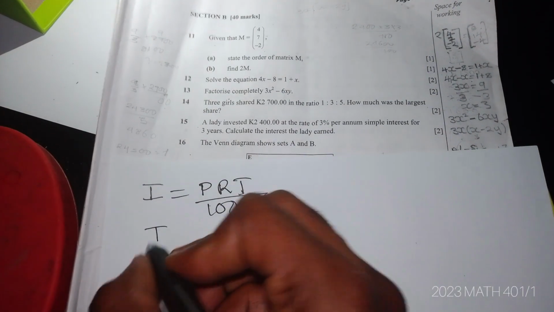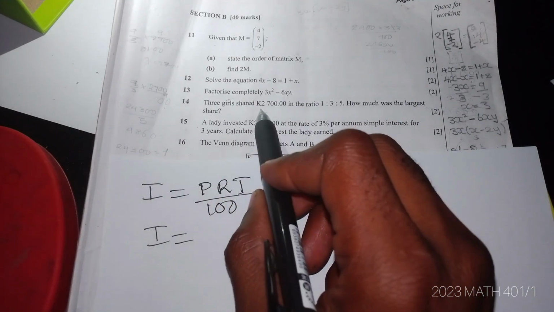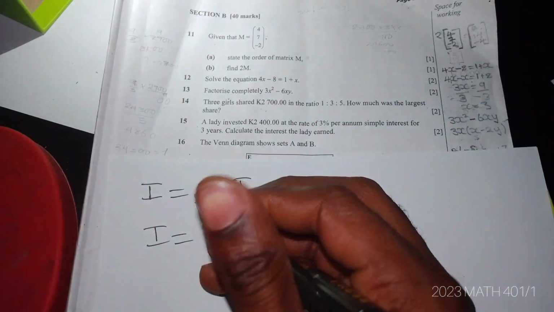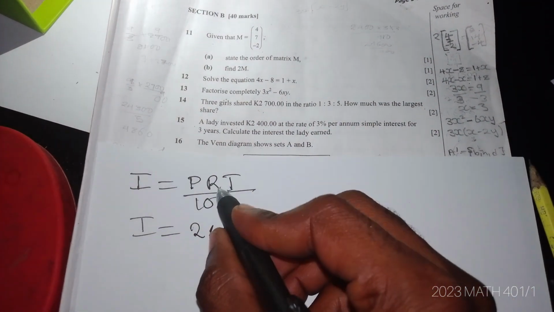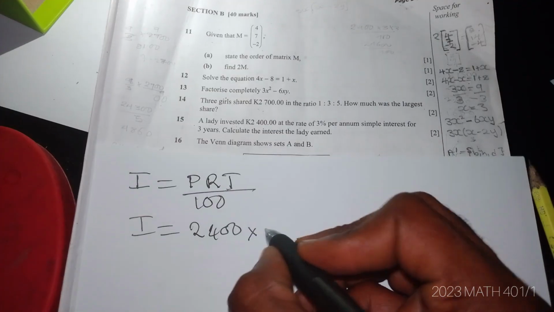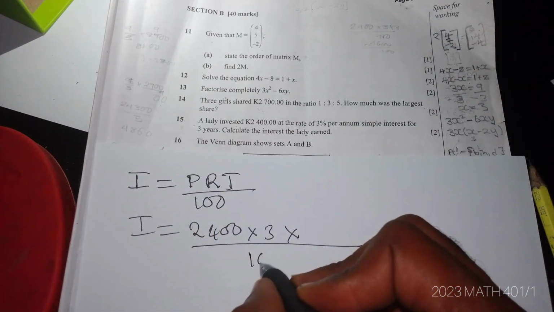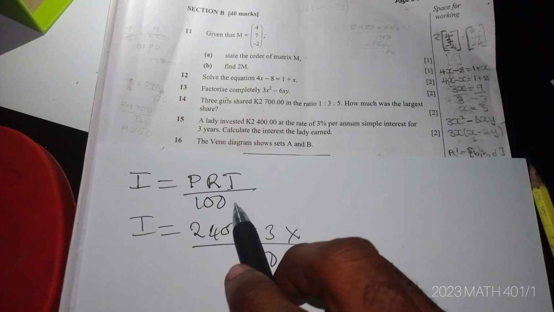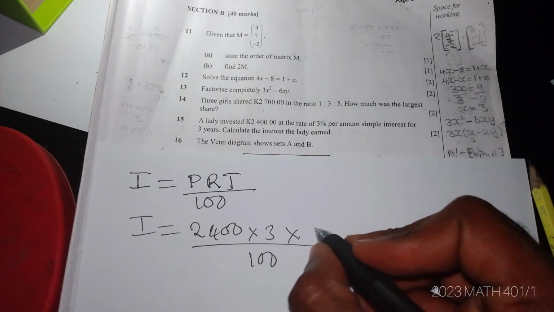So our I will be P, which is the principal amount, and the principal amount here is 2,400 multiplied by R, which is the rate, and we've been told the rate is 3%, but you don't need to write the percentage because we have the 100 as the denominator, and then we have T, which is the time in years, which is 3 years.